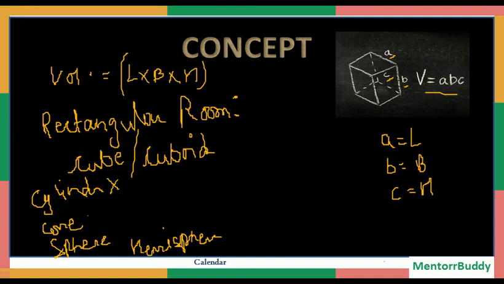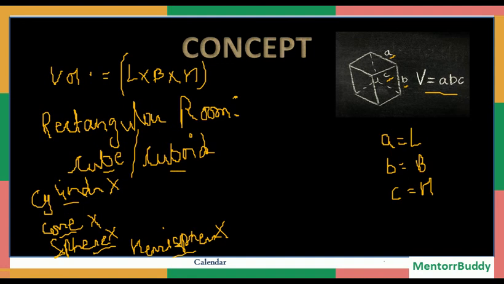So it's quite implicit that the shape of the room cannot be a cylinder, cone, sphere or hemisphere. It can either be in the shape of a cube or a cuboid.